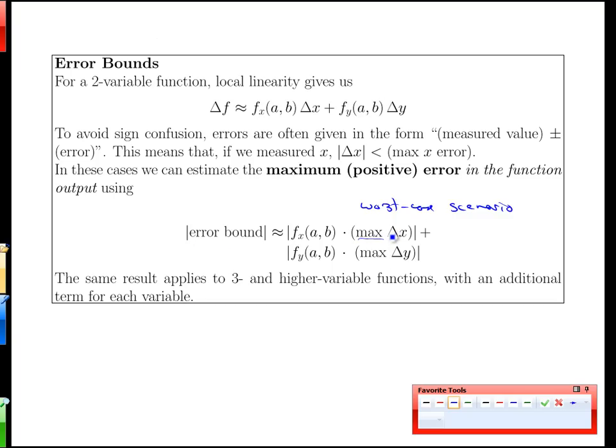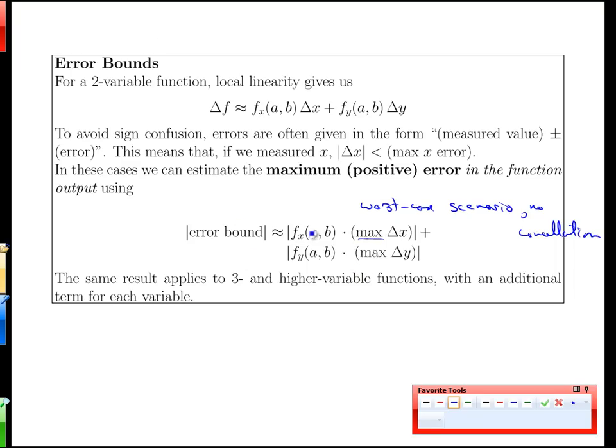But if we're interested in how bad it could be in the worst case, then we should take the largest possible error in x times its slope and take that absolute value. So that's one chunk of error we're going to get for sure, and add to it another positive quantity so there's never any cancellation. And that's going to give us a largest possible estimate of the error.